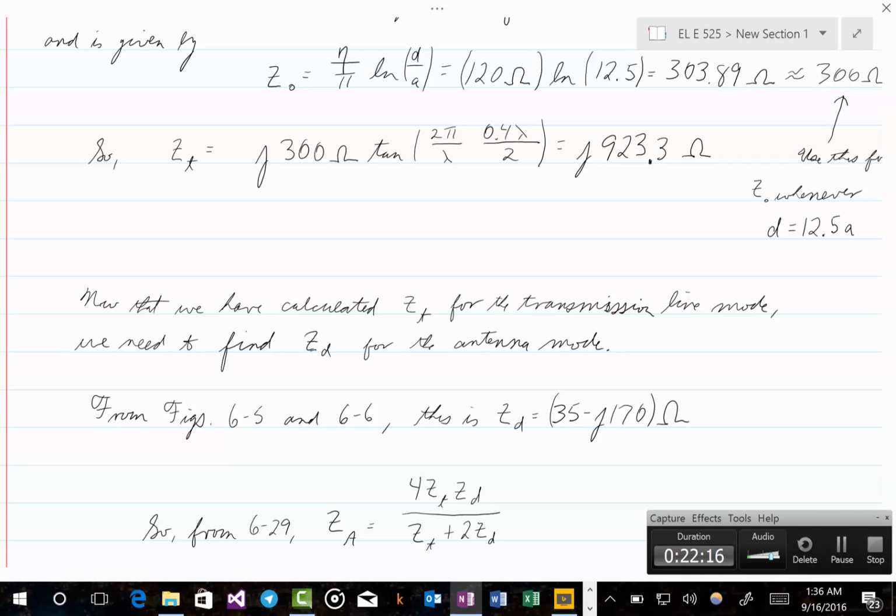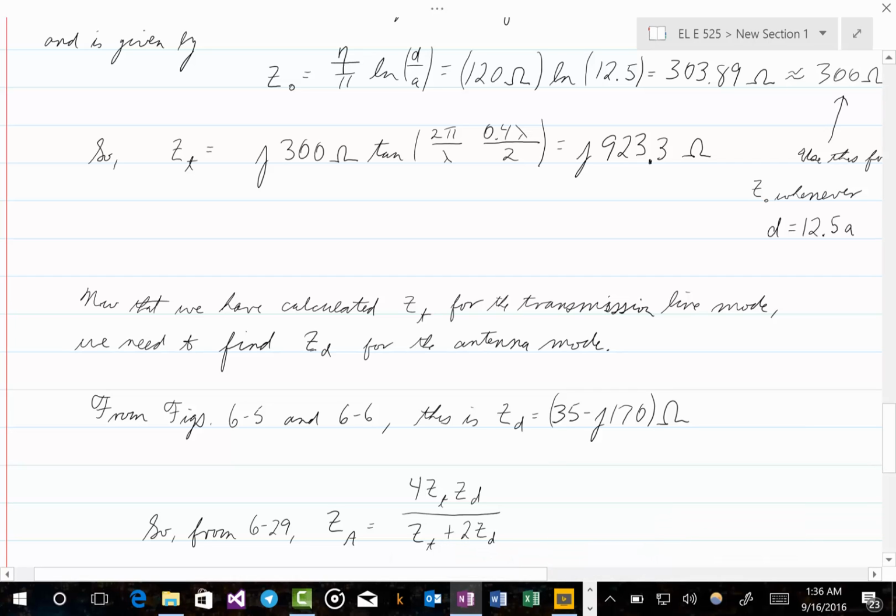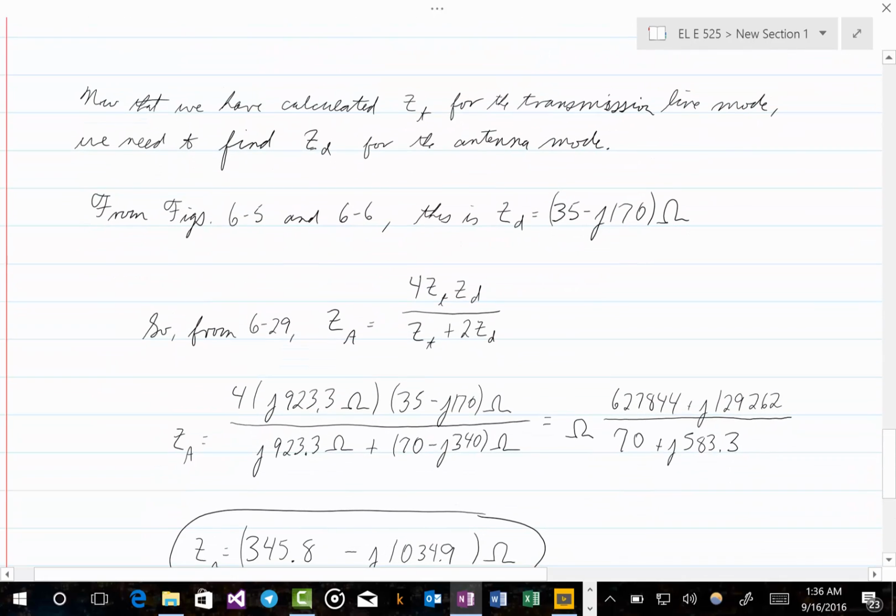And so now that we have ZD and ZT, we can use equation 6-29 in your textbook, which is ZA is equal to 4ZT ZD over ZT plus 2ZD, to calculate the input impedance of this folded dipole antenna.